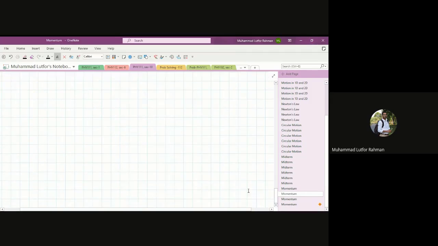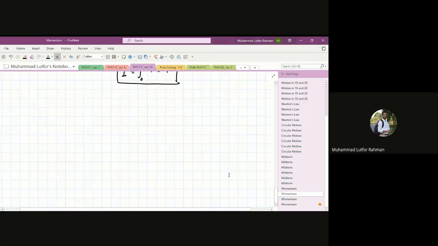Say, I'm going to give you an example for this case. Say, I have an object whose mass is 0.1 kg. I drop that one from a height, say this height is 1.5 meter.